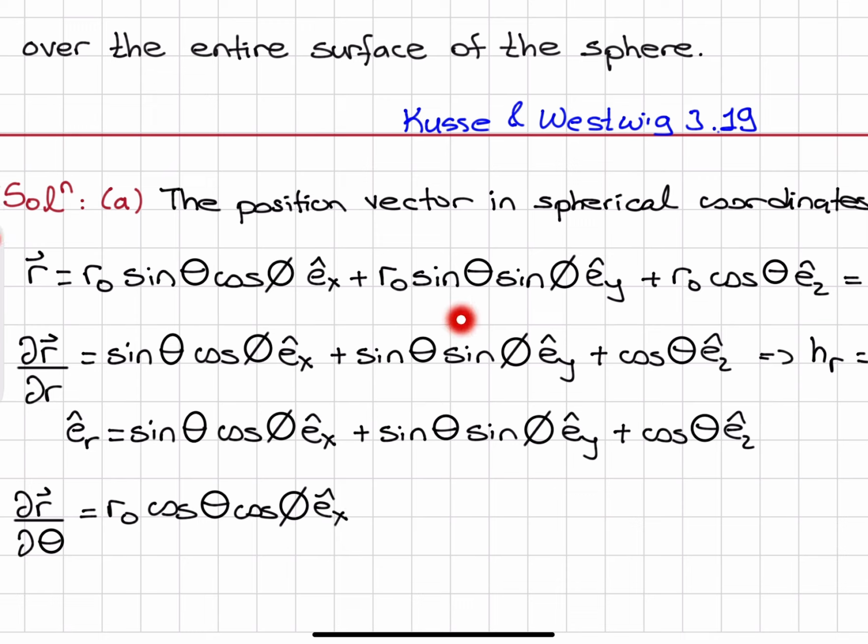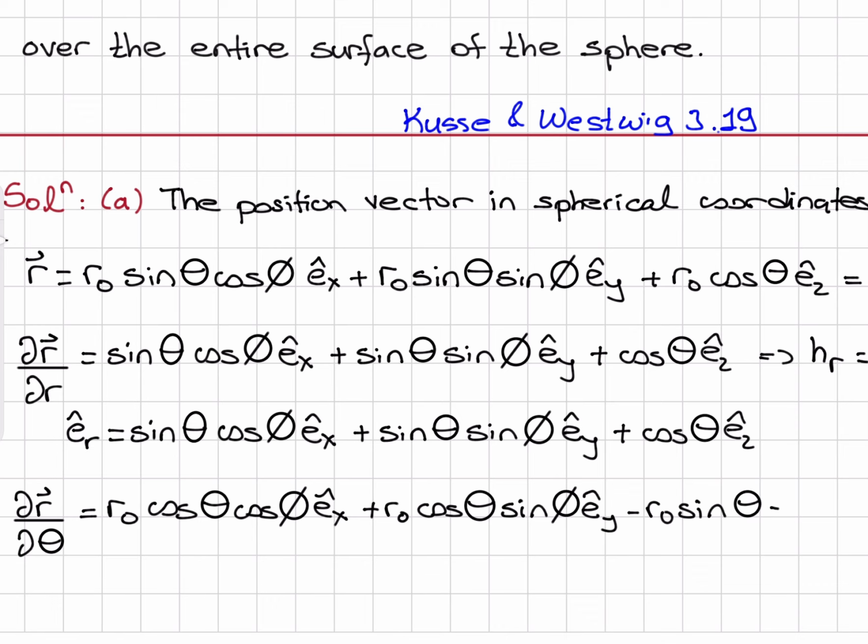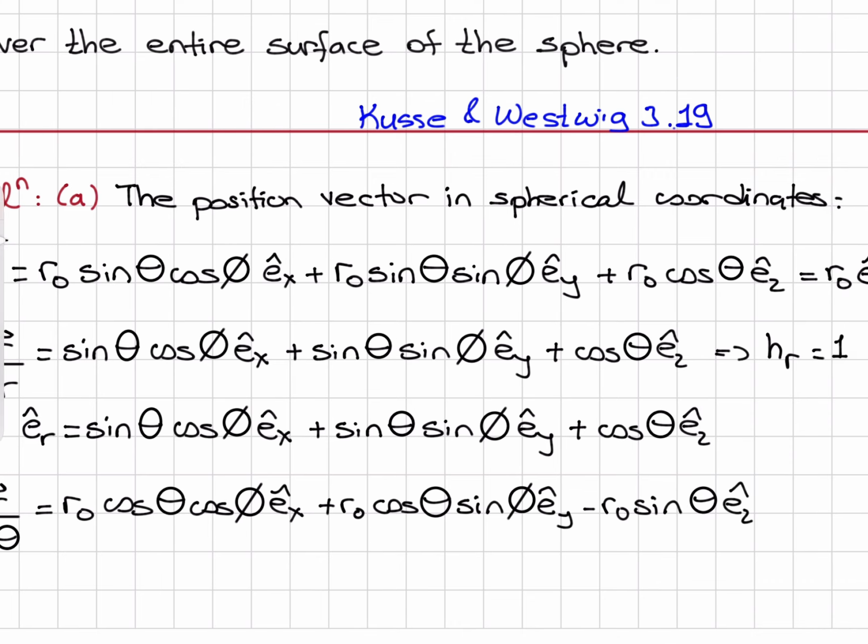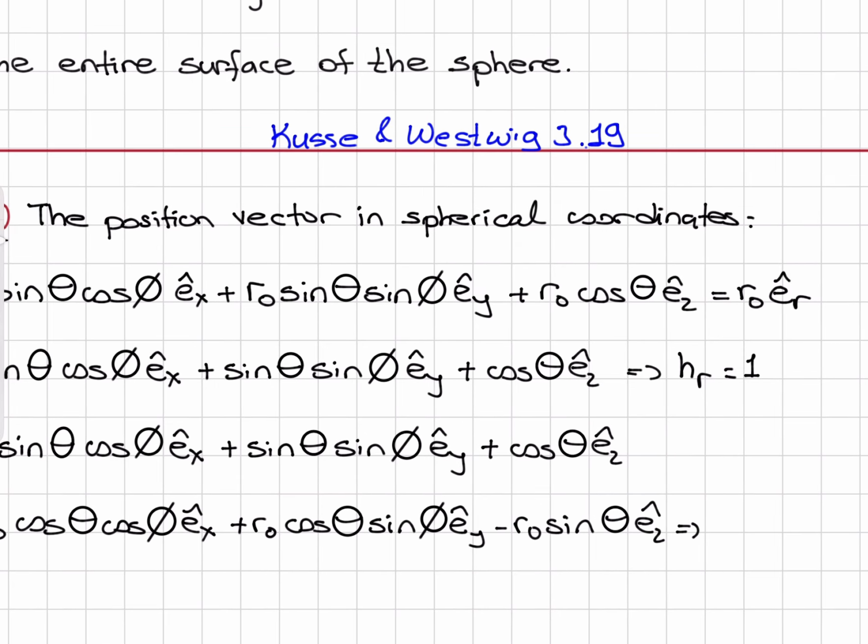Then from the next term, I would also obtain a cosine theta: r0 cosine theta sine phi in ey hat direction. And for the last term, I'm going to get minus sine theta, so minus r0 sine theta in ez hat direction.